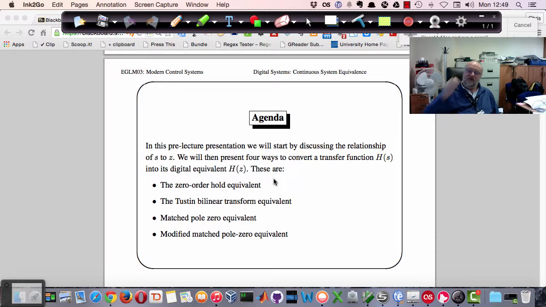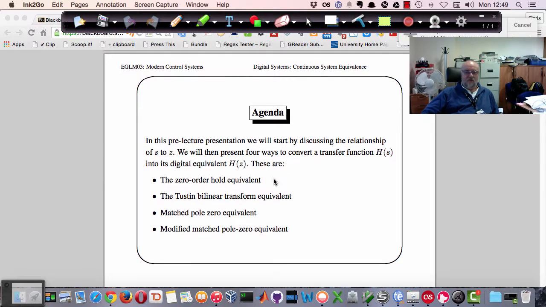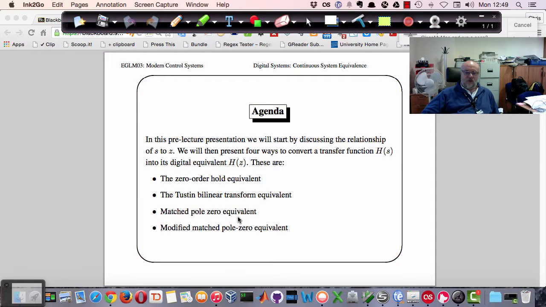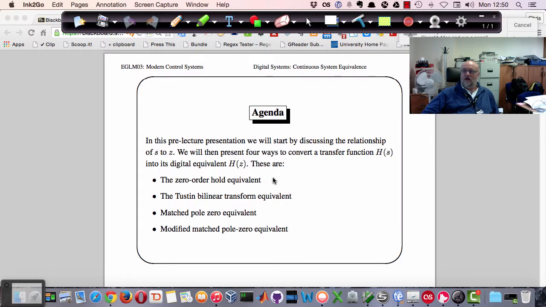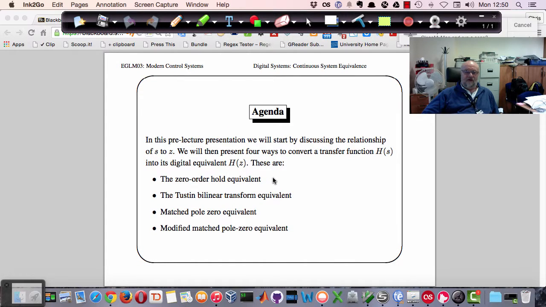Those are the things you'll need to know for the exam to come. And we'll also demonstrate how Matlab does this. Matlab basically implements most of these as well, and we'll show you how we can use Matlab to generate those transfer functions. And we'll also perhaps have a look at the relationships between them in the class on Friday.